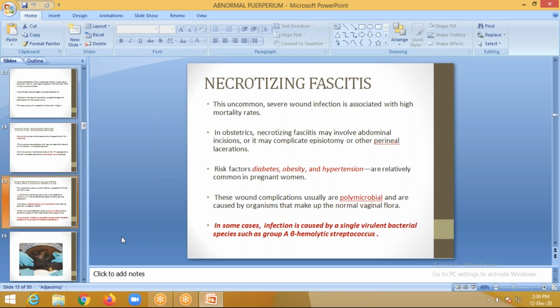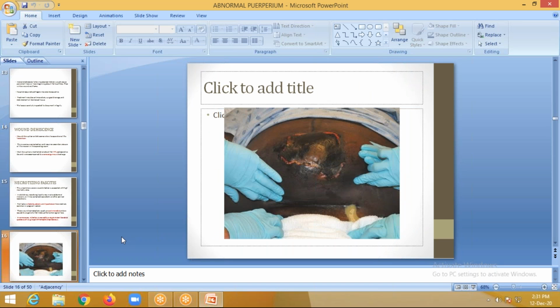So we have to be very careful while doing vaginal examinations, and we have to give antimicrobial prophylaxis before cesarean delivery to avoid all these complications. In some cases, infection is caused by a single virulent bacterial species like GBS, Group A beta hemolytic streptococcus.